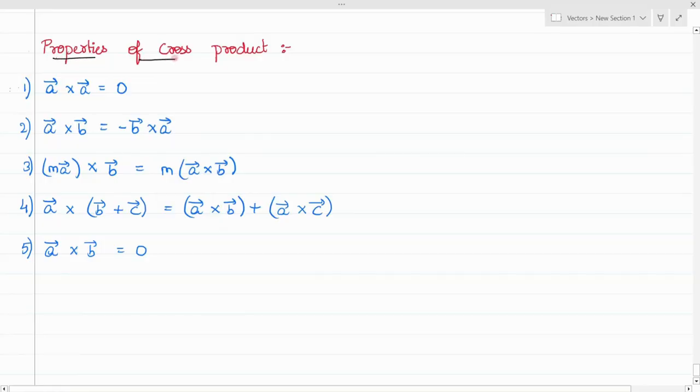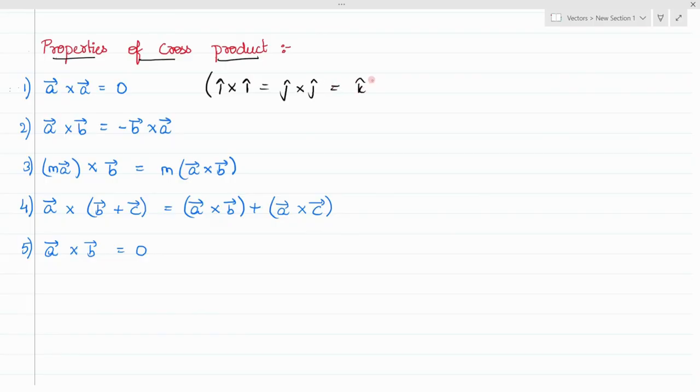Properties of cross product. The first property we're going to see is what you will get when you multiply the same vectors. I cross I is equal to J cross J is equal to K cross K. It becomes 0. Why?